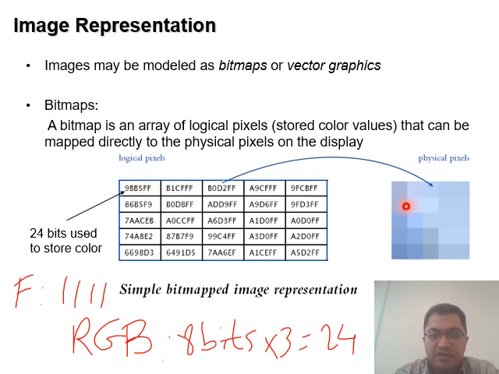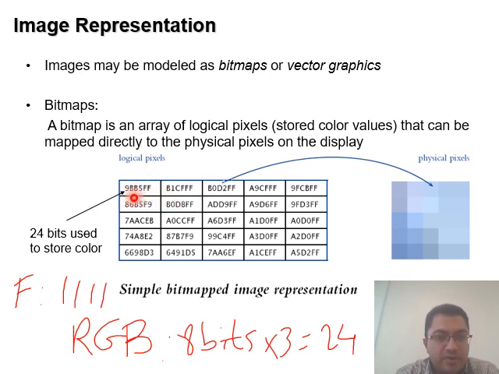Which makes sense. If you look at most of the pixels here, the last 8 bits have FF, which makes sense because most of the pixels here are bluish, and therefore it makes sense to have the blue component the strongest. Now, the first 8 bits, which represent the red component, are equal to 9B. It's still a high value, but not as high as FF, which is all ones.